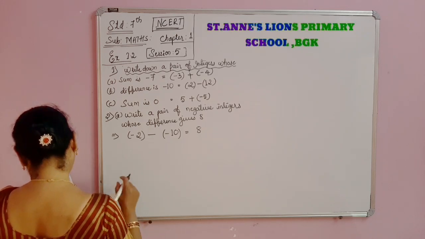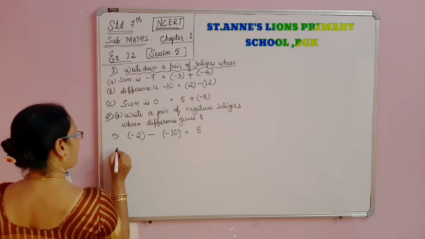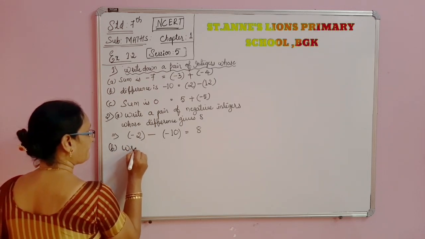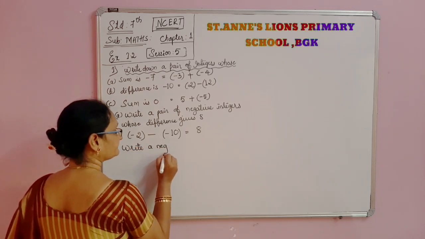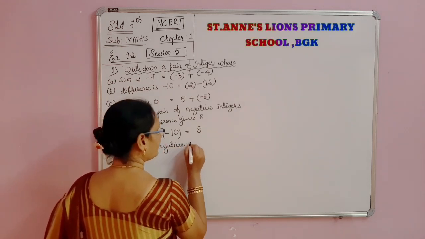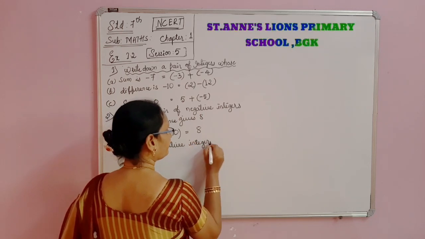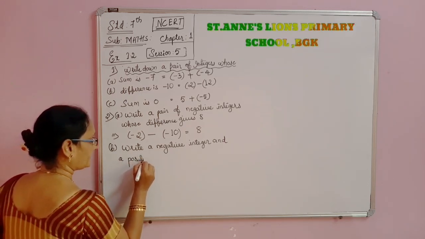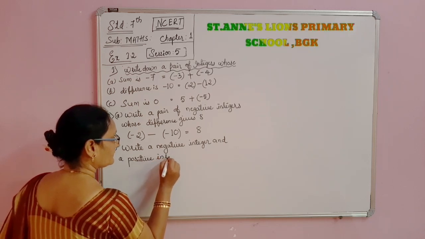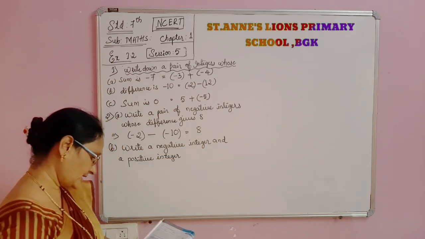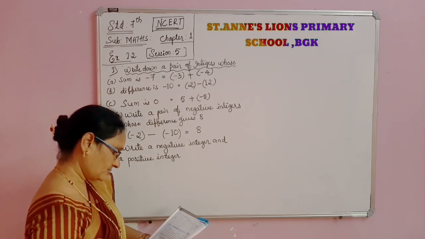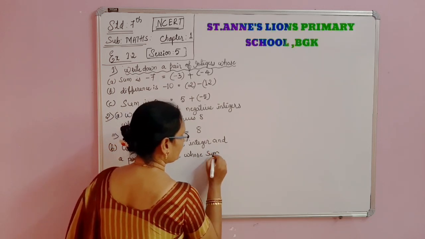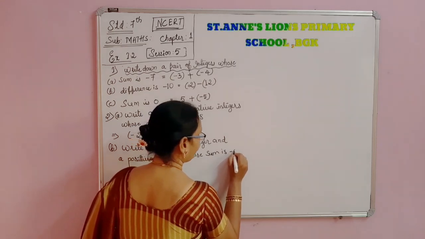Then next, B. Write a negative integer and a positive integer whose sum is minus 5.